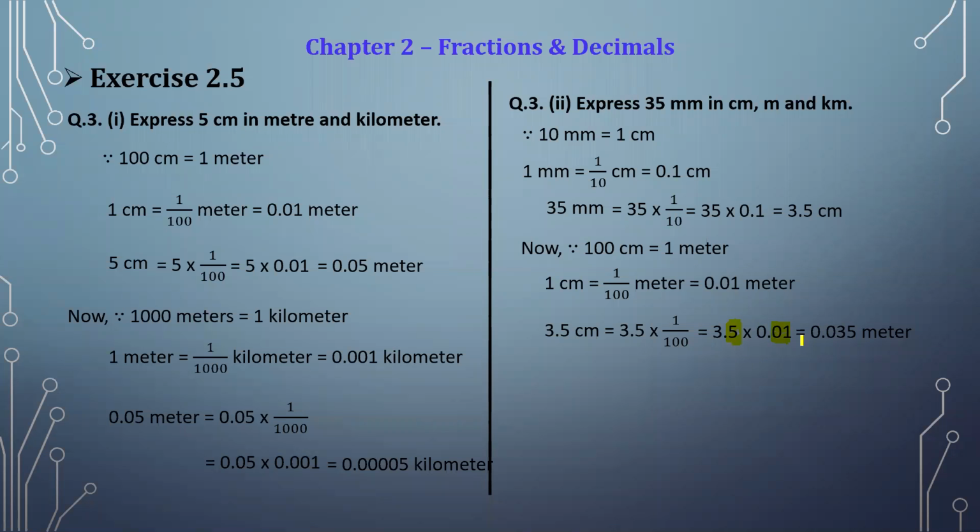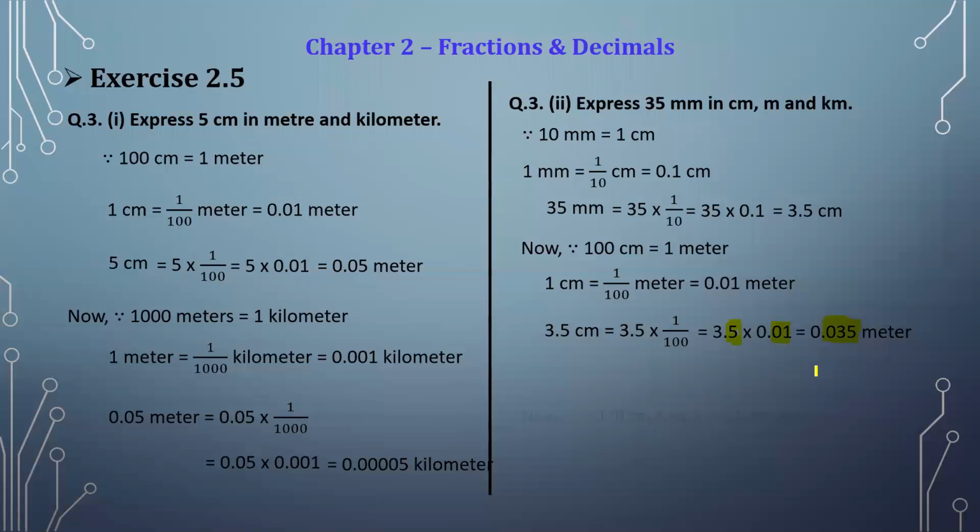So 1 plus 2, a total of 3 digits. Therefore the final answer should have 3 digits after the decimal point: 0.035. In this way you can also perform the multiplication. This is the conversion of centimeter into meter.